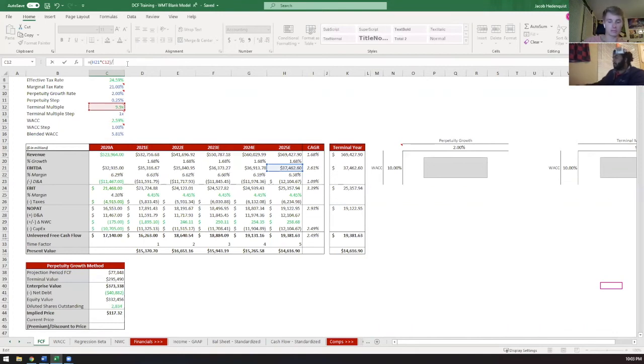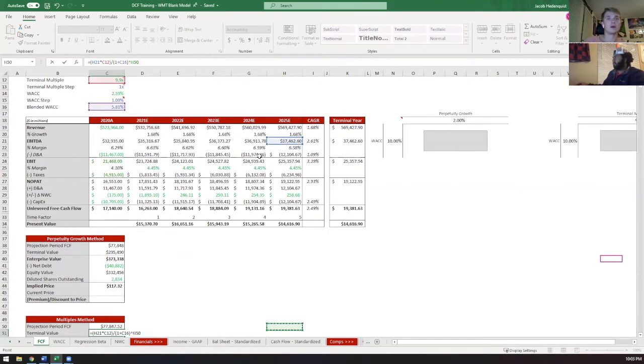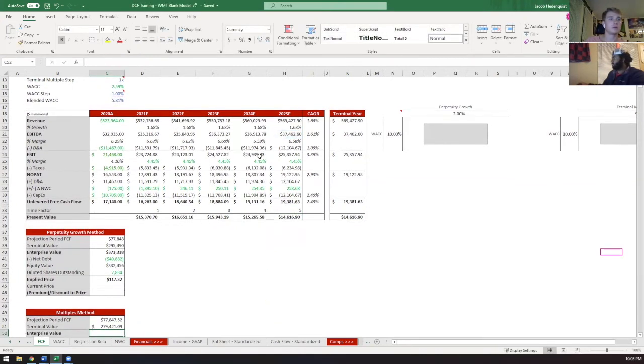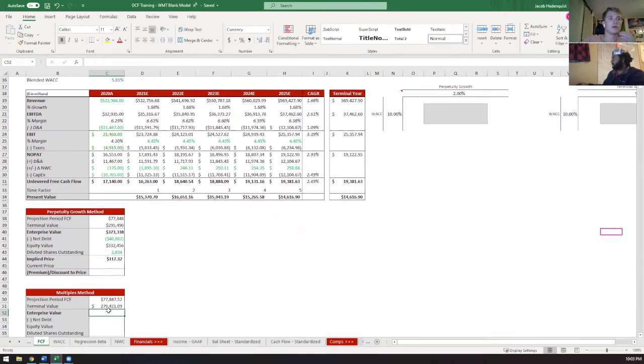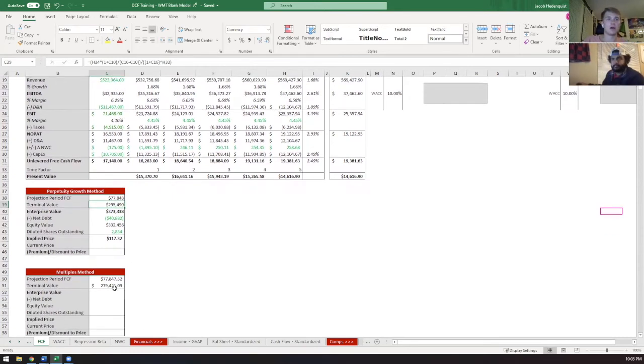And then similar to what I did before, I'm going to divide that by 1 plus our blended WACC, and then take that to the fifth power to get it back to the present value. Cool. You can see it's relatively similar to our perpetuity growth method, but there are slight differences.